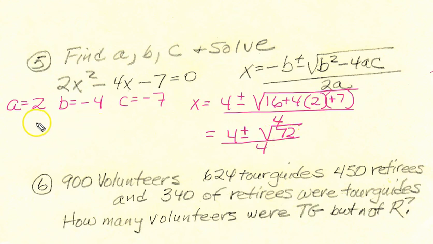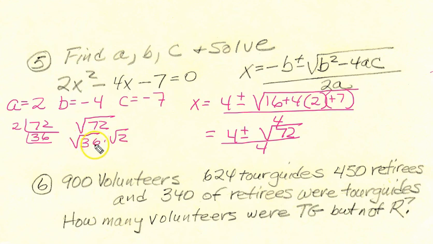Now as we look at 72, if I tease it apart, it's 2 and 36. 36 is a perfect square. So we get the radical 72 will divide into the square root of 36 times the square root of 2.